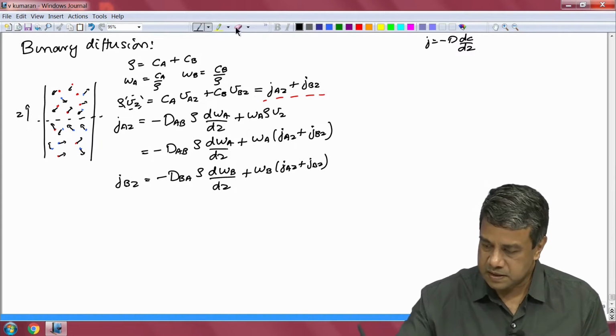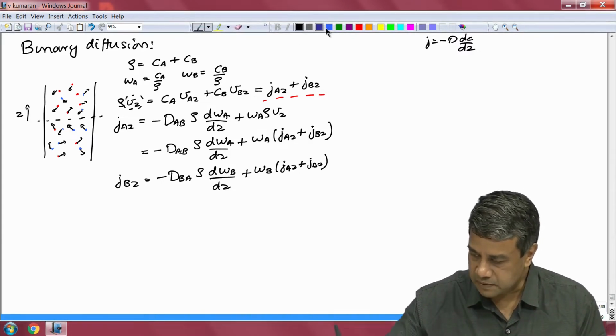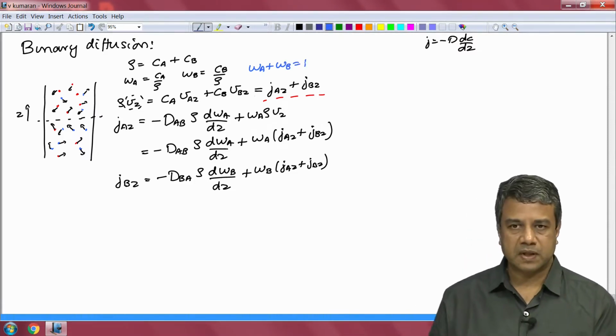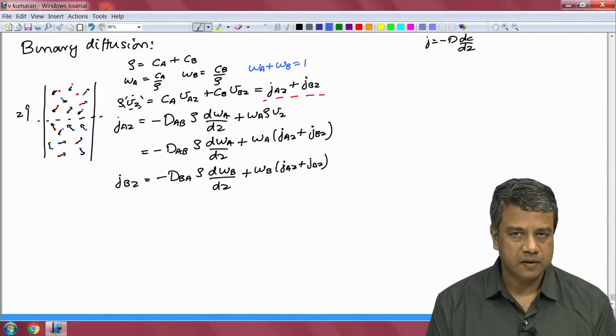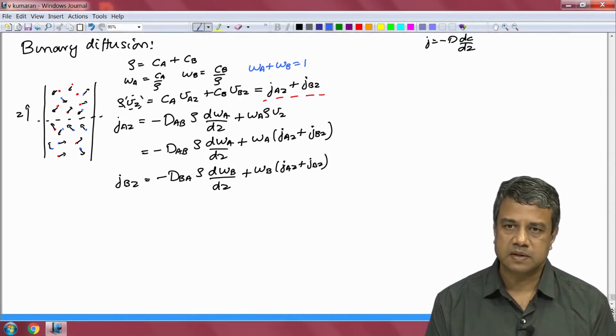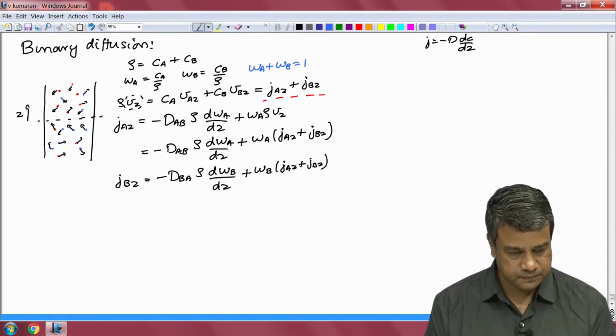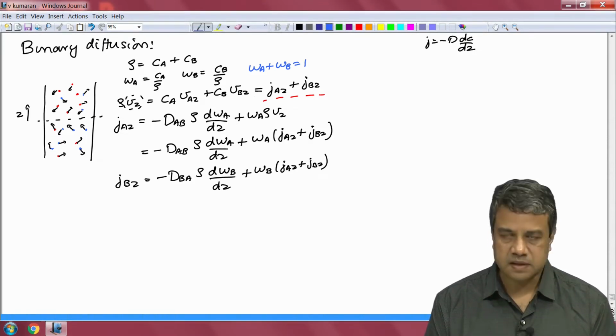And obviously, since WA and WB are mass fractions, it follows that WA plus WB is equal to 1. The fraction of A molecules plus the fraction of B molecules has to add to 1 in a binary mixture. So, these are the relations for the fluxes.